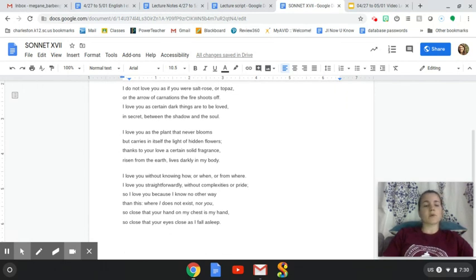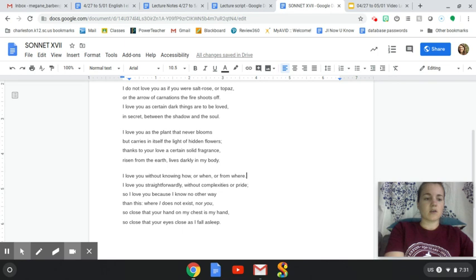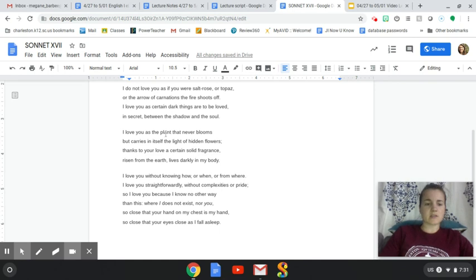So, in reading this poem, we see how love can be just all consuming, so much that his lover's hand on his chest feels like his own hand, and his eyes close as his lover falls asleep. He also uses plant imagery a lot here.